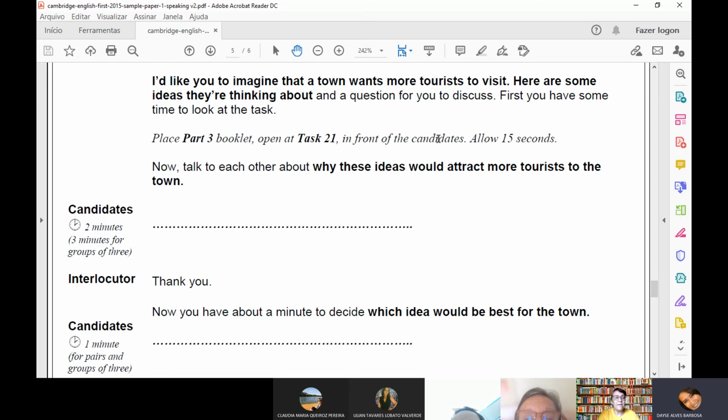And many times they notice when one candidate does not allow the other candidate to speak. So the one who does not allow, who wants to show off, will also be penalized. So you have to measure this. Some students come to me and say, but teacher, the other one doesn't want to, I tried, but he or she doesn't speak.